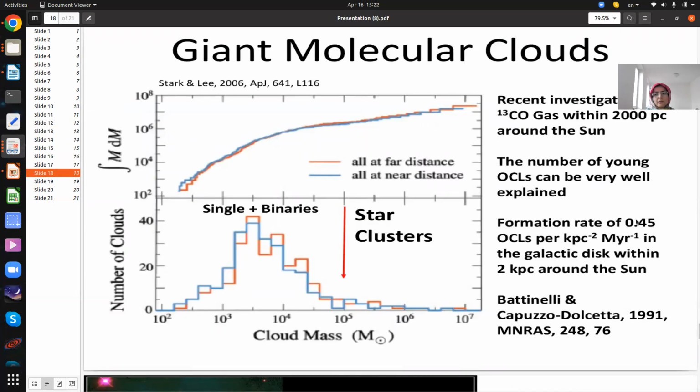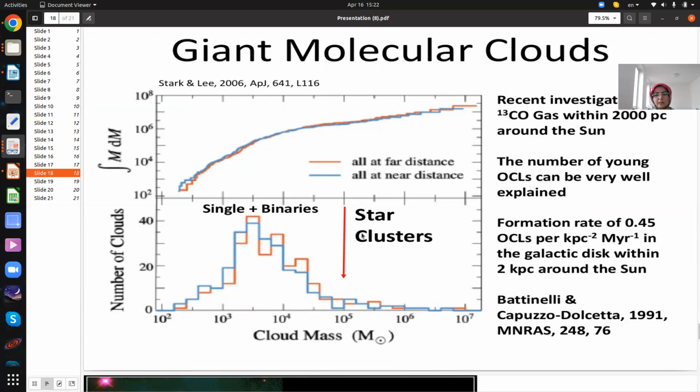And here we can see that, from the recent investigation of the 13CO gas within 2000 parsecs around the Sun, the number of young open clusters can be very well explained, and the formation rate is 0.45 open clusters per kiloparsec squared per million years in the galactic disk within 2 kiloparsecs around the Sun.